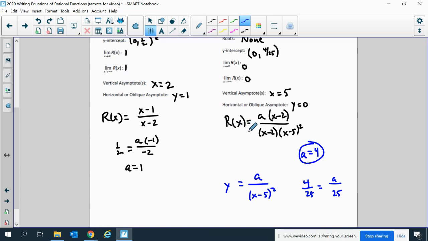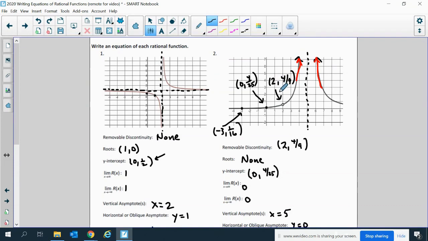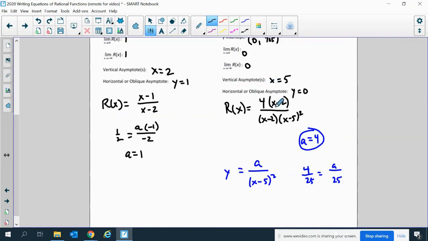So if a equals 4, I need to make sure that everything is still accurate. If I substitute in one of these other points, like negative 3, am I still going to end up with 1/16? Negative 3, so that would be 4 times negative 5, which would be negative 20.